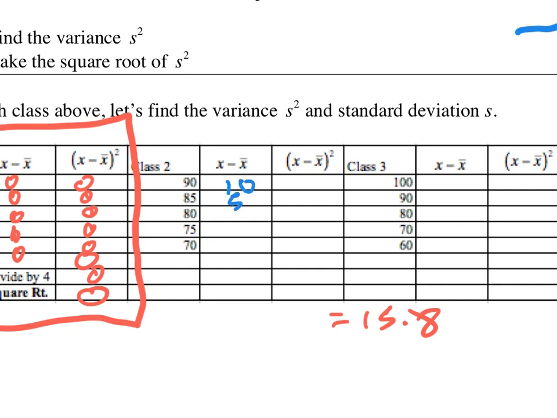What's 80 minus 80? 75 minus 80. 70 minus 80. And now we have to square them all. 100, right? 25, 0, 25, 100. Add them all up. 100 plus 25 plus the 25, that's 150. Is it 250? 250.